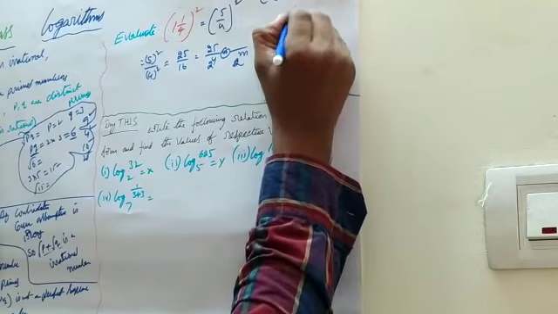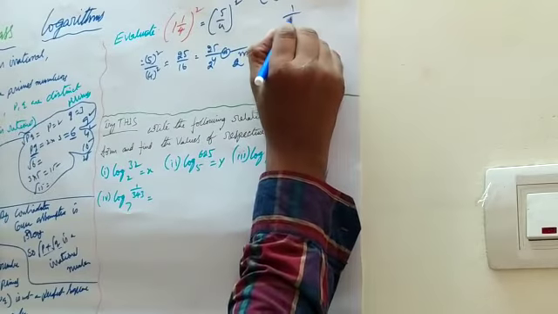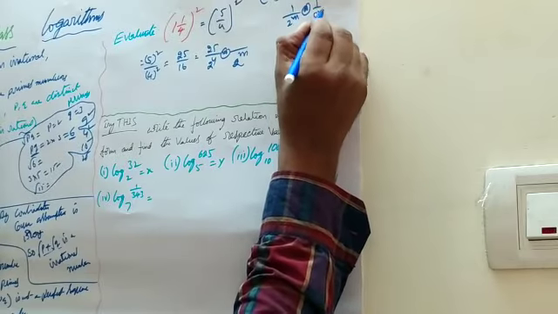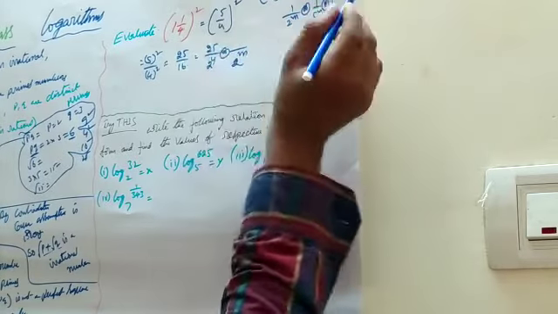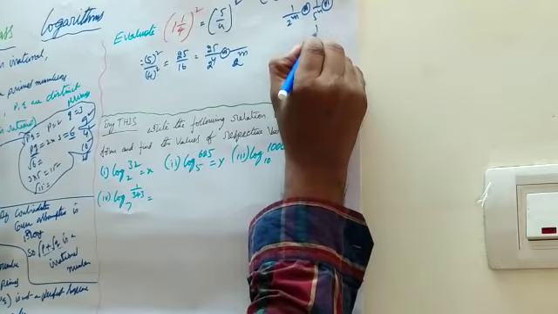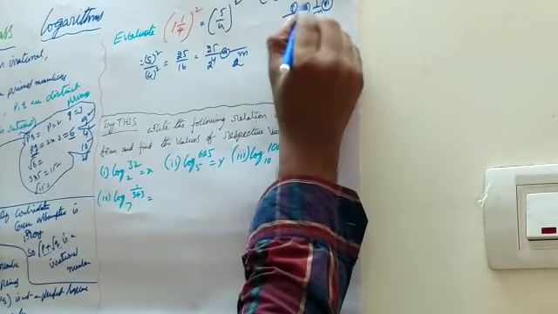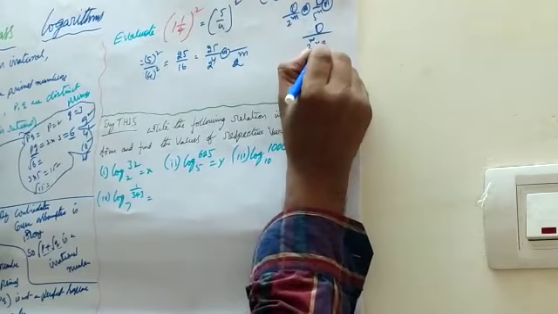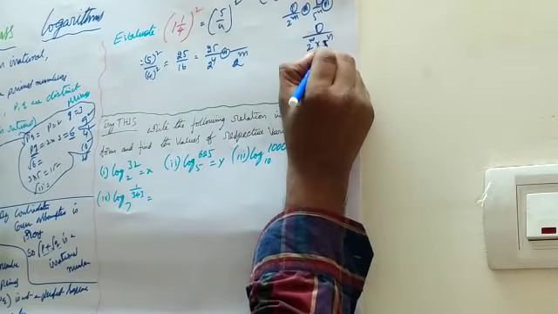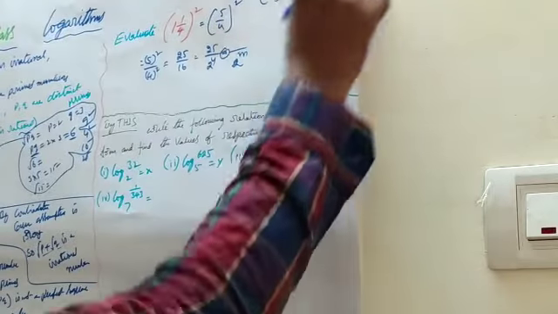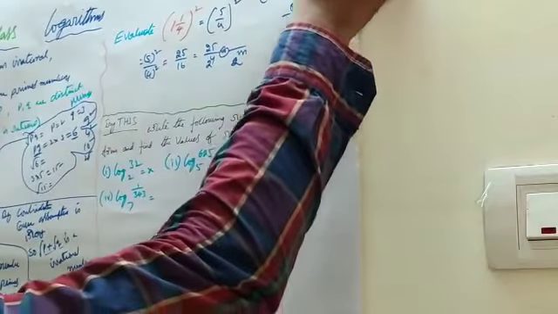What is the denominator? The denominator portion is 2 power m into 5 power n, the product of both. Therefore the fraction is terminating.